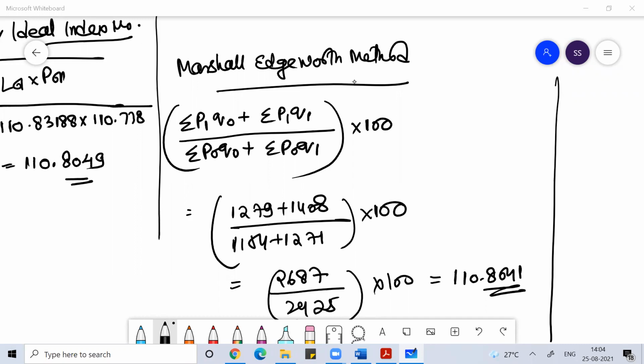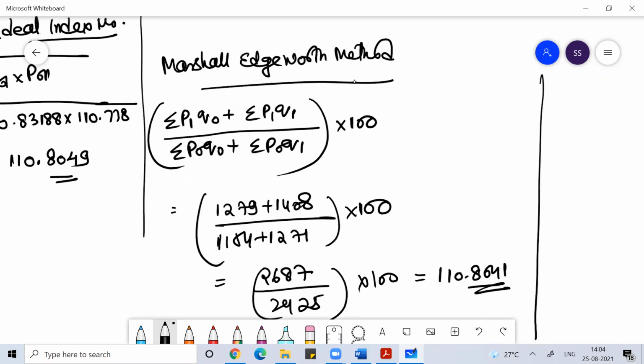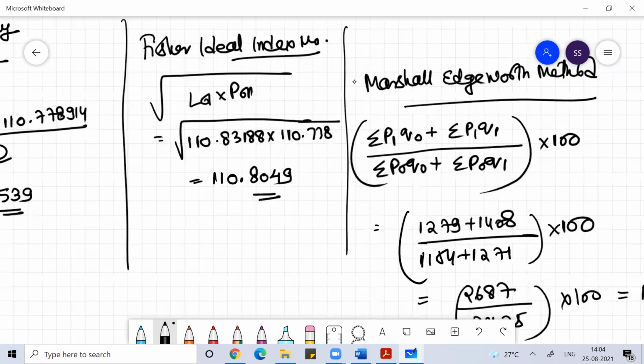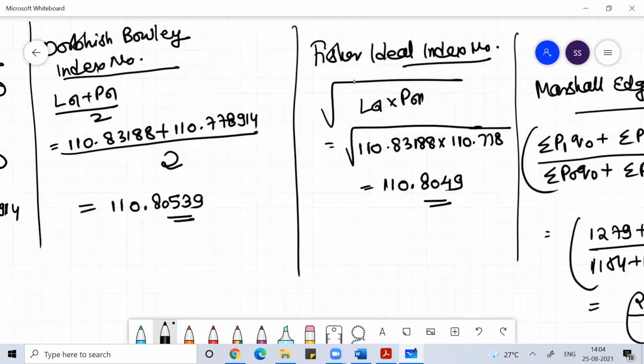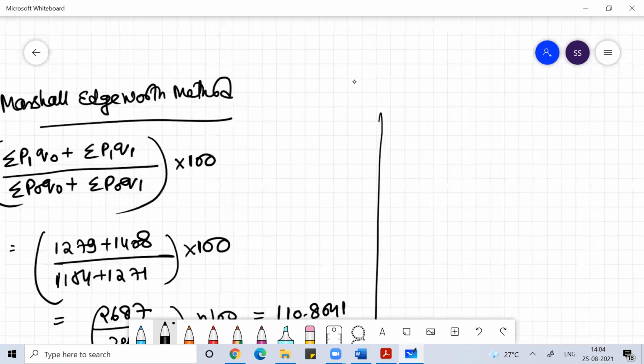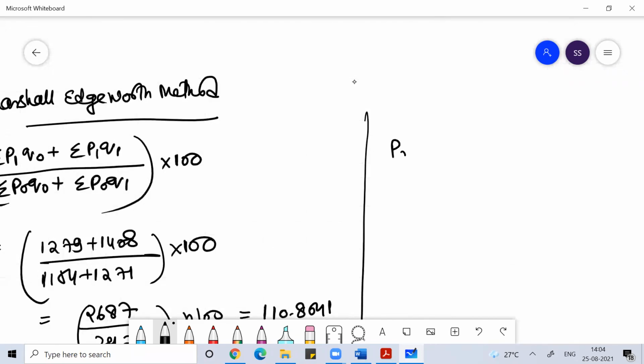So once you get this, now I have the Fisher index number, right? Now what is P01 in case of the Fisher ideal index number?